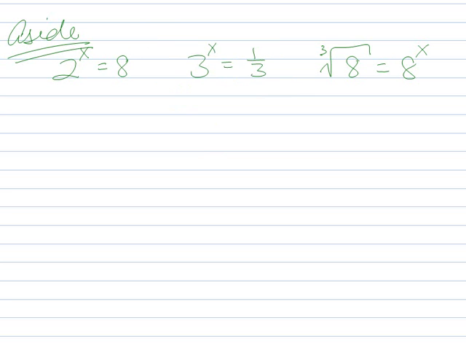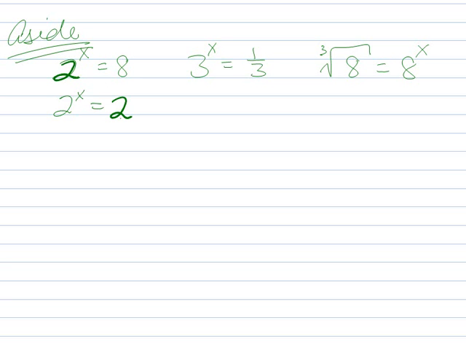Now some of you might be able to just look at that and say, oh, that's x equals 3, because 2 cubed is 8. Fine and dandy, but just make sure that you know how to get this the long way. If you get to a problem that you can't solve mentally, you'll have to solve it the long way. So what you do, remember, is you say, okay, I've got a base over here. My base is 2. So I want to rewrite 8 as 2 to the something or other.